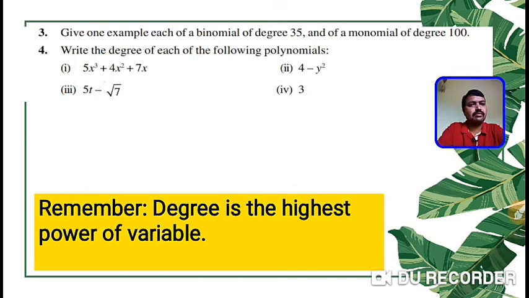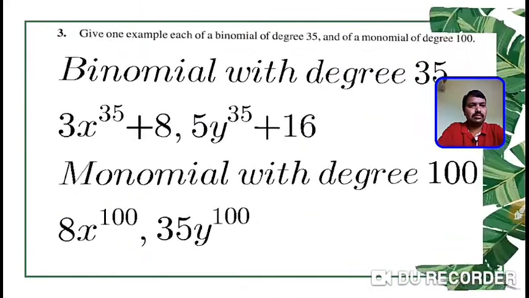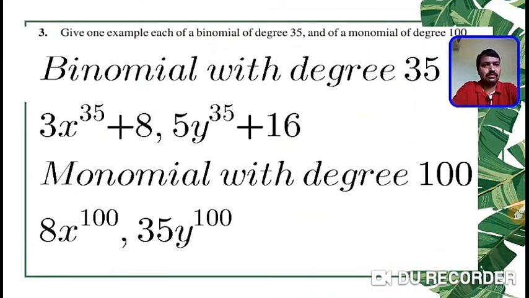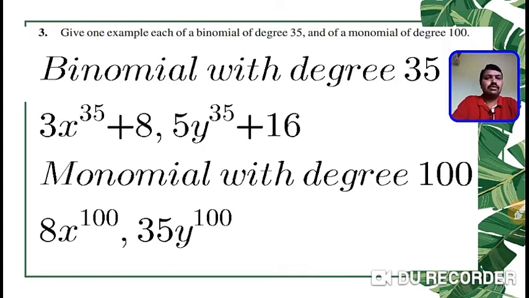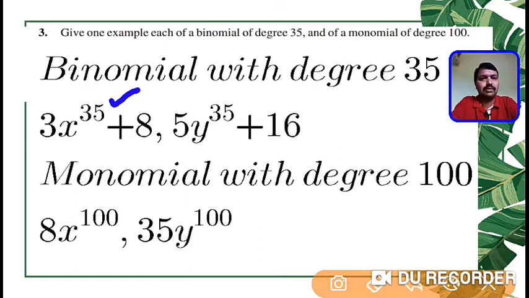Let us see the next slide. The question is, give one example each of a binomial of degree 35. Here I have given 2 examples. The condition is the degree must be 35, and second, there must be 2 unlike terms.